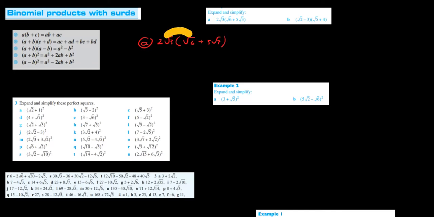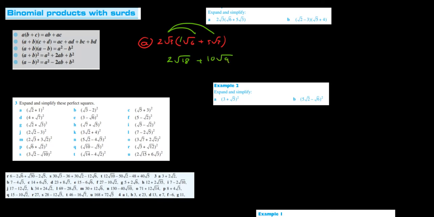So we need to do the distributive law. That means apply the coefficient outside the bracket to each term inside. If there's nothing in front, we can just say there's a 1 there. So 2 times 1 is 2, the root of 18, plus 2 times 5 is 10, the root of 9.